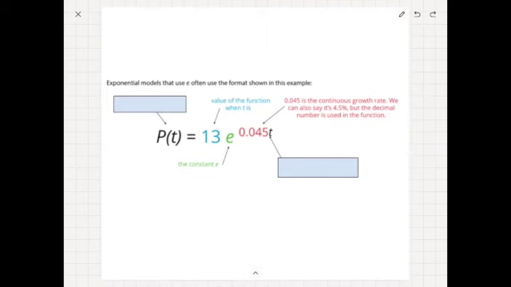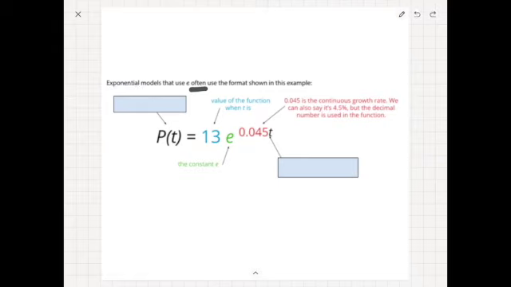All right, so this is what an equation looks like often when we're using e. So this is not always, but it often looks like this. It sometimes can look a little bit different, but this is one of our formulas when working with e. And so when we're using e, this looks like an exponential function because it is an exponential model.